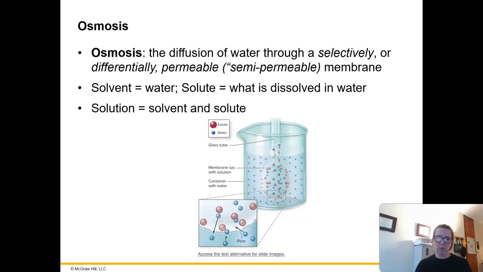And so we know that water is super important in cells, and so we have to be able to move it to where it needs to go. This will have implications for nursing when people are coming in and are dehydrated or need electrolytes of some sort.